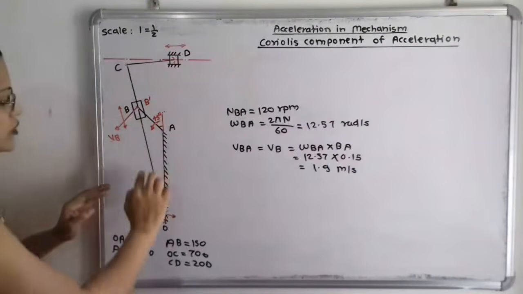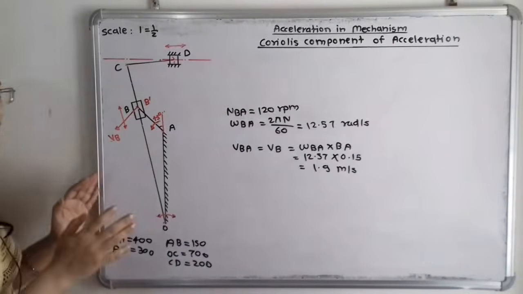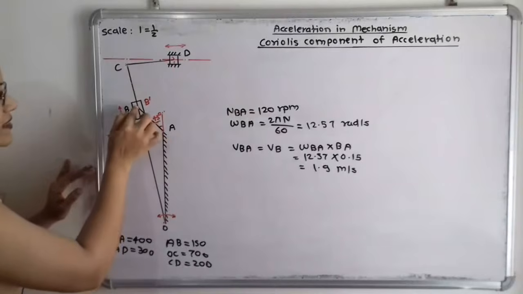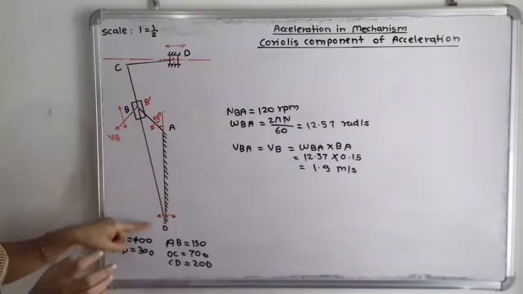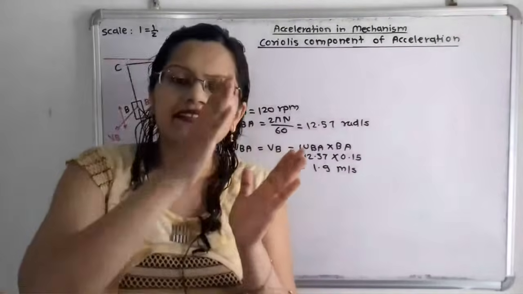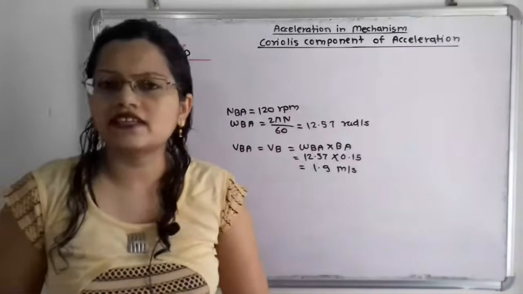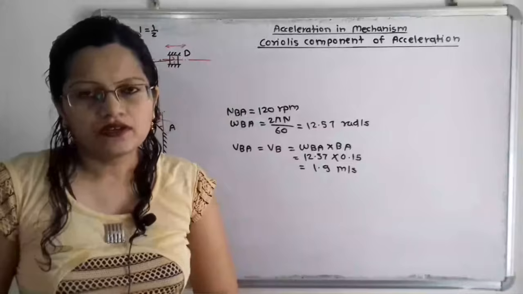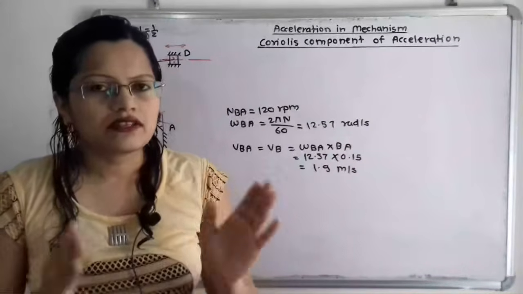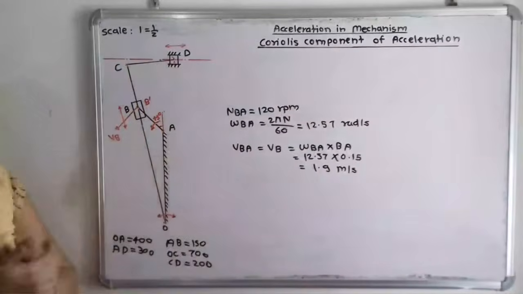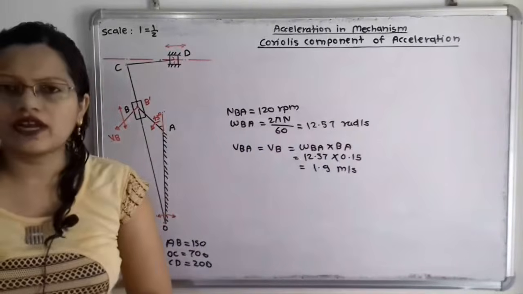But this link OC has rotary motion about center O. So whenever the end point of the crank is attached with a slider having reciprocating motion along a link, and that link has rotary motion, then the Coriolis component of acceleration is applicable. The quick return motion mechanism works in such a way. So we can apply the Coriolis component of acceleration here.